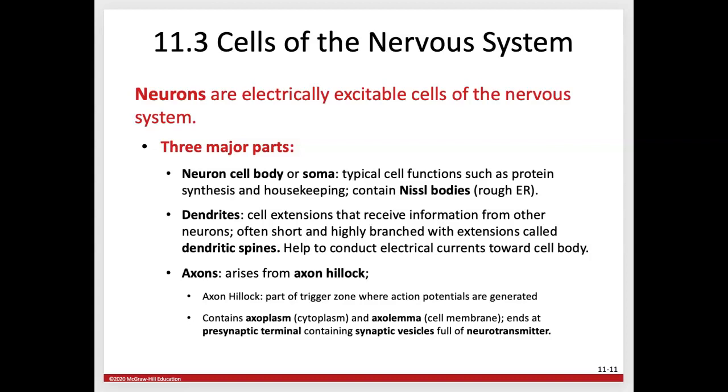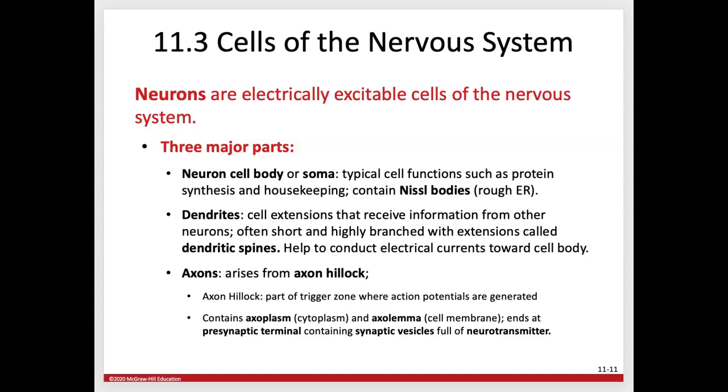The axon itself arises from the axon hillock, which is a cone-like shape that we also refer to as the trigger zone. The axon hillock is where action potentials are actually generated.